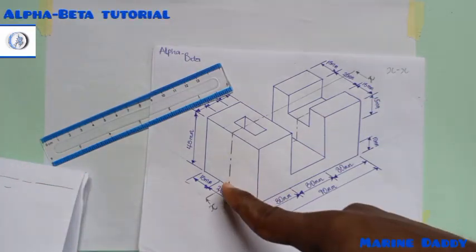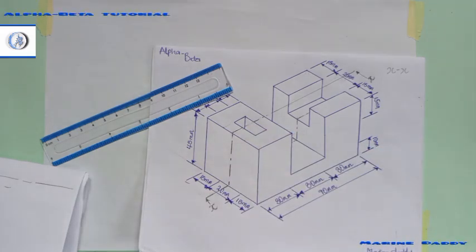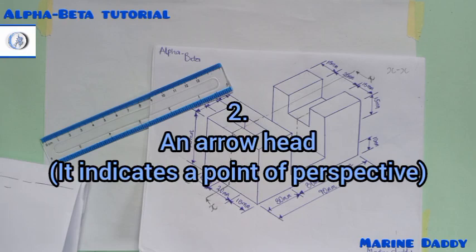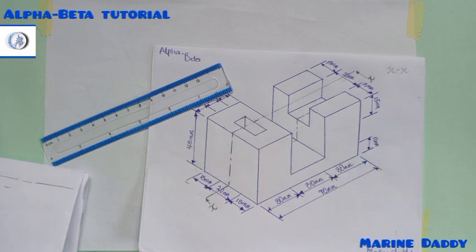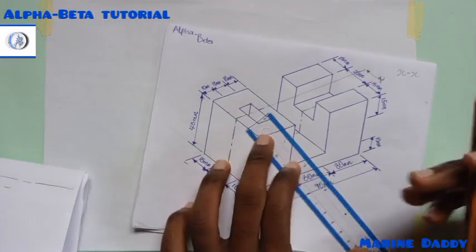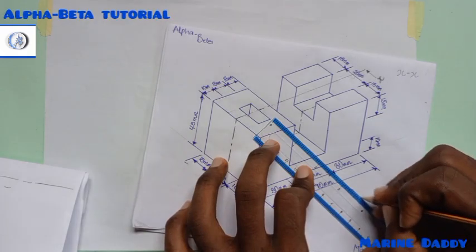Now, aside from this imaginary line, there's what we call points of reference, or point of perspective. It means that there is a direction that the viewer is seeing the diagram from. You understand? And it is usually represented by an arrow in this manner.